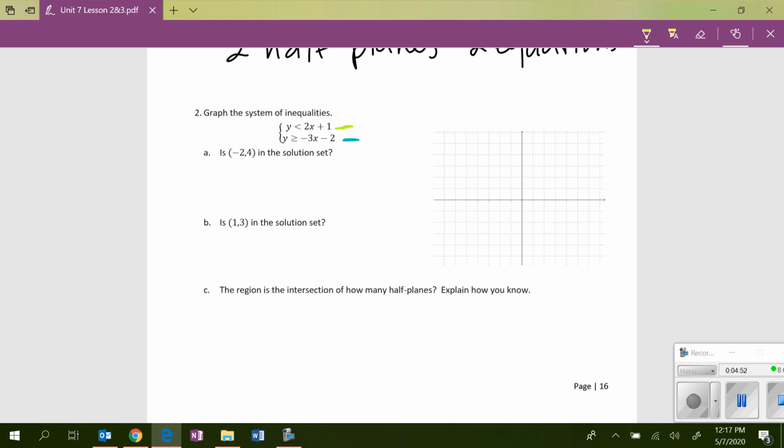There's no equal to, which means it's going to be a dashed line. I'm just going to graph this as I would any other equation of a line. The y-intercept is +1 and my slope is 2, meaning I go up 2 and right 1. Up 2, right 1. So this is the line that I'm getting, and it's going to be a dashed one through these points.